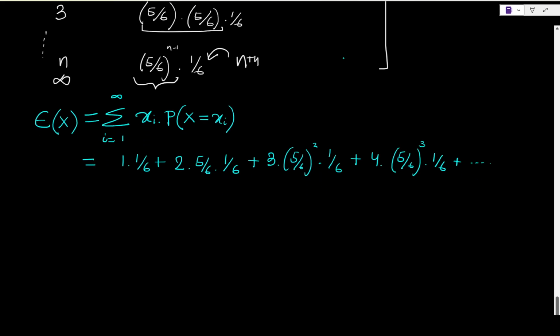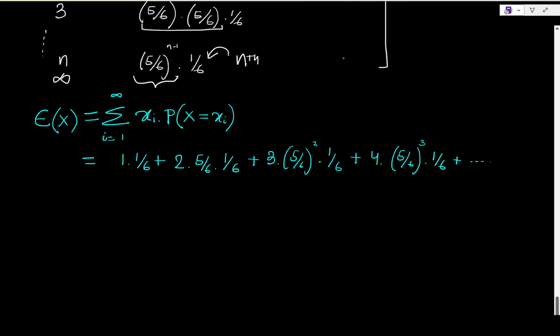This is an infinite summation series, and in many ways, it is something known as an AGP. In geometric progression, we just have powers multiplied. In arithmetic progression, we have values added. So geometric progressions usually have the form A, AR, AR square, so on and so forth, where R is being multiplied.